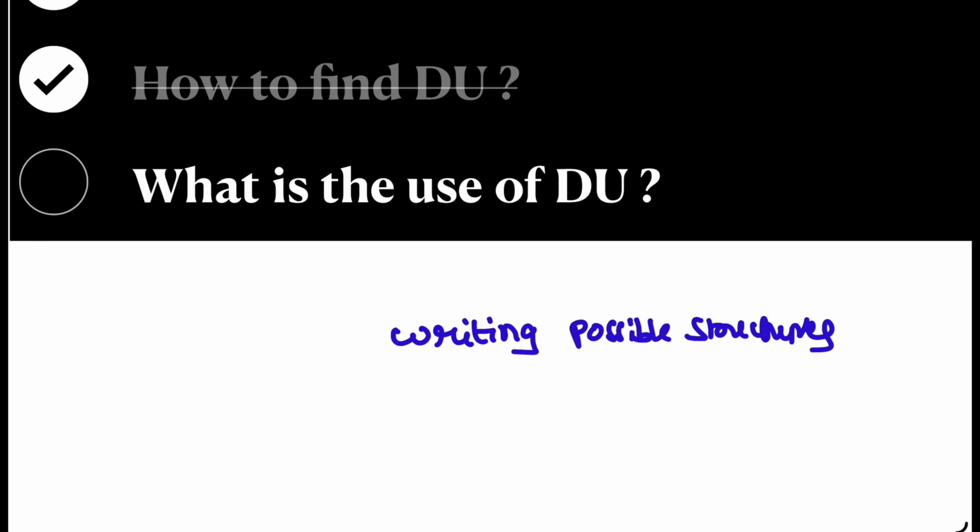There is an advantage in writing the possible structures, and if you can write the possible structures, you can write all possible structural isomers. So the main use of degree of unsaturation is writing possible structures. So this is the exact purpose of the video.